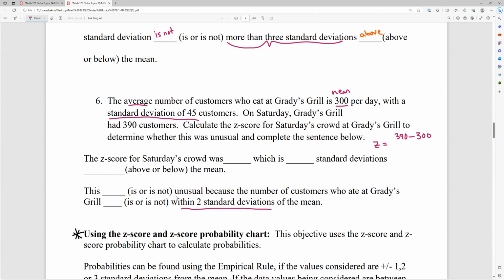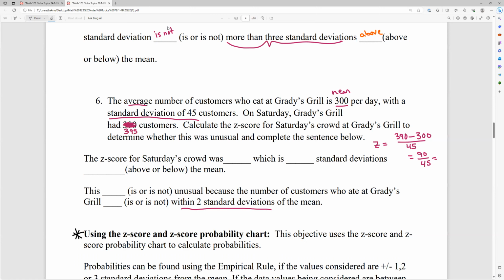So if we do our z-score, we would have 390 customers on that day. The average was 300, and the standard deviation is 45. That would be 90 on top, divided by 45, which actually equals 2. I think I wanted that to be a different number. Let's change this to 395.